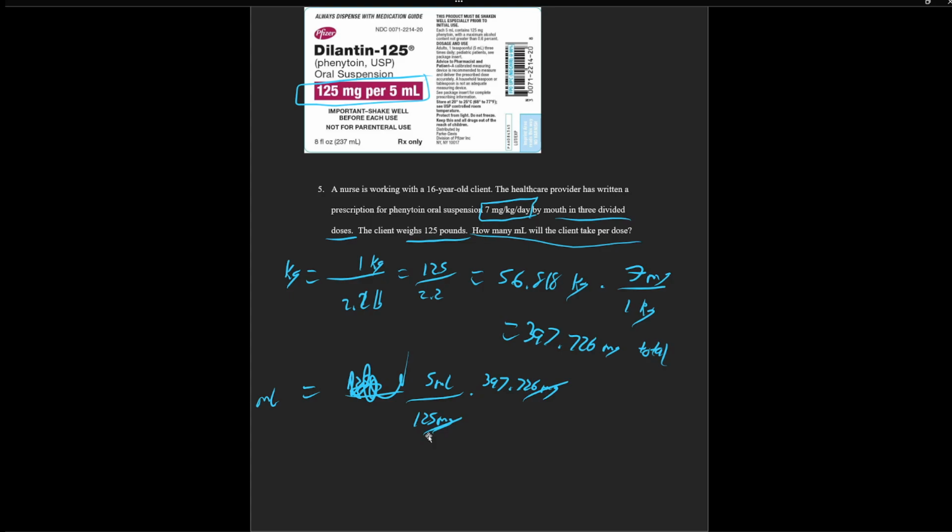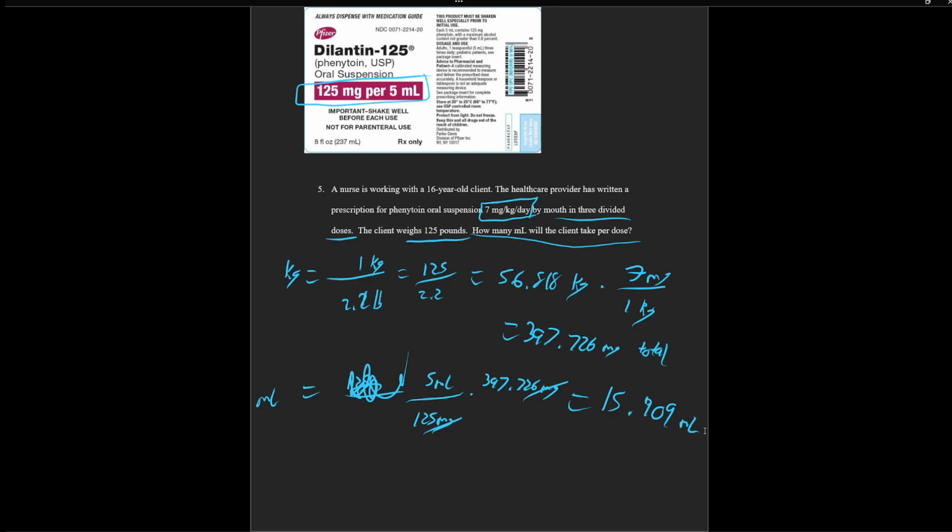5 times 397.726, divided by 125, equals 15.909 milliliters.